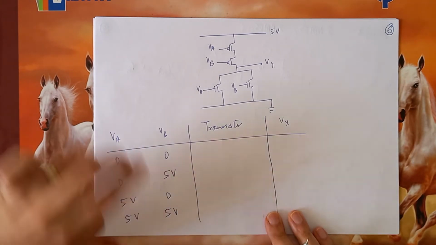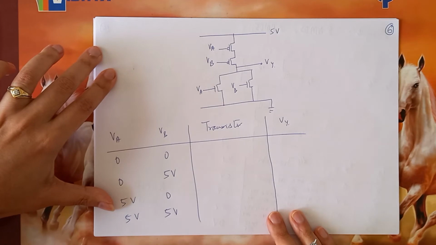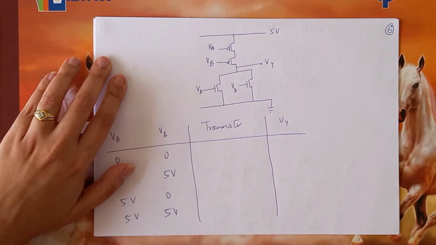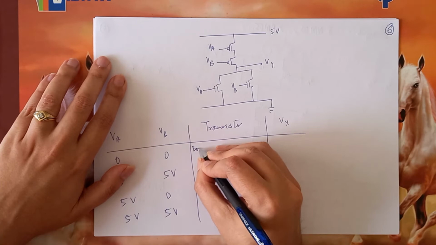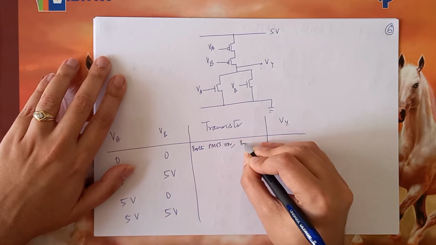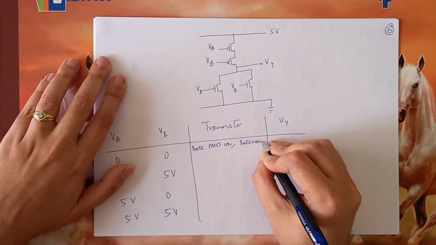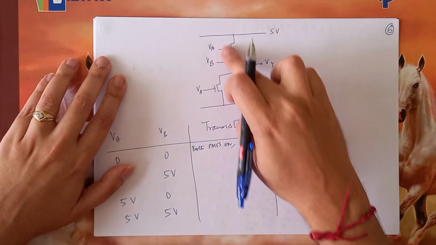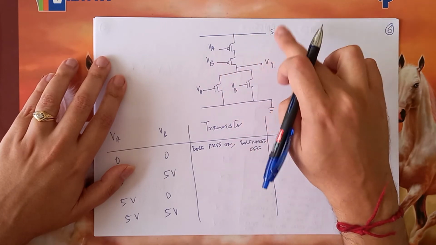So initially, when both inputs are 0 volts, both of these PMOSes will be on and both the NMOSes will be off. So therefore, there will be a direct connection between 5 volts and Vy.